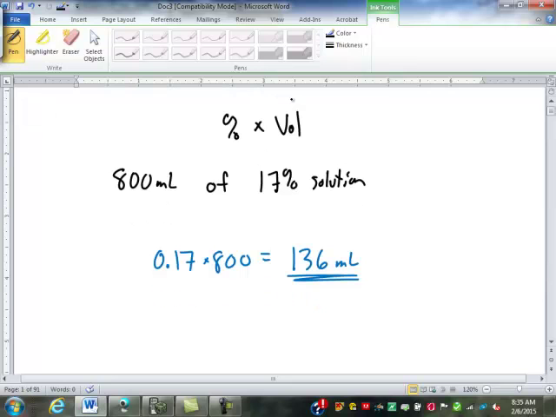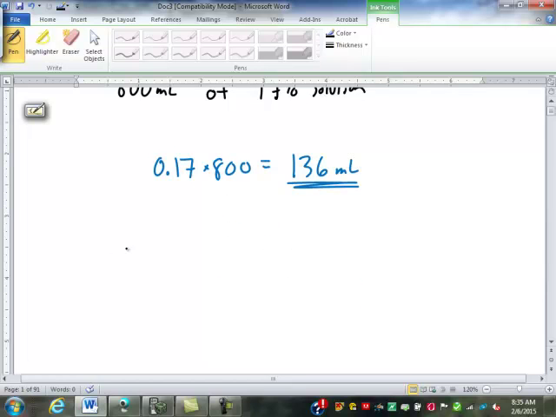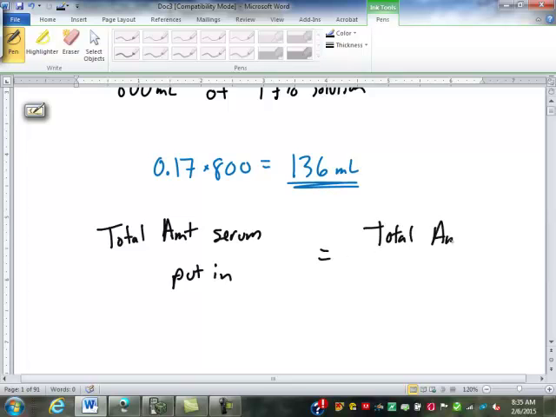So as we're looking at these mixture problems, what we have to remember is the total amount put in has to equal the total amount of serum that is in the result.